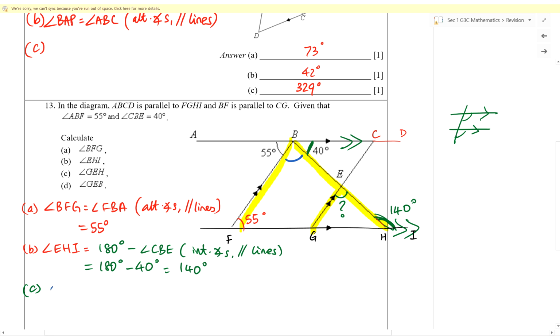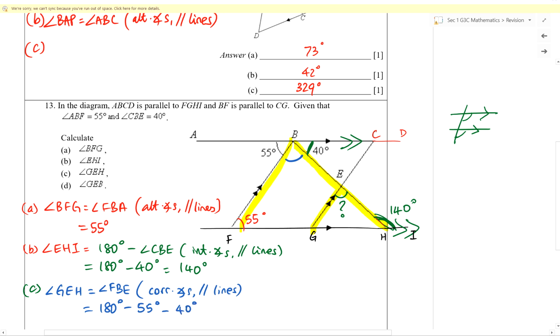So let's start with angle GEH equals angle FBE. We say corresponding angles, parallel lines. Then we move on to say that FBE is actually equal to 180 minus 55 minus 40 degrees.